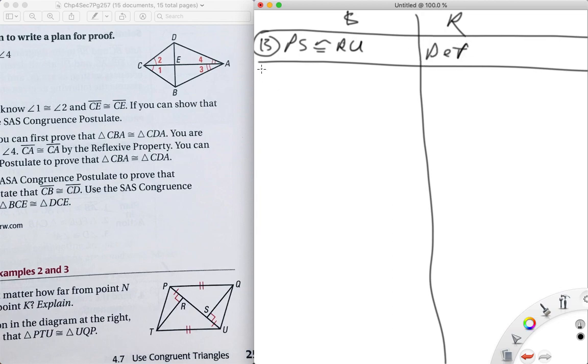Then I have enough to say that the two triangles are congruent. So I can say the triangle TRU is congruent to triangle QSP.